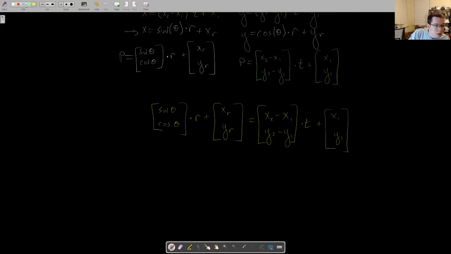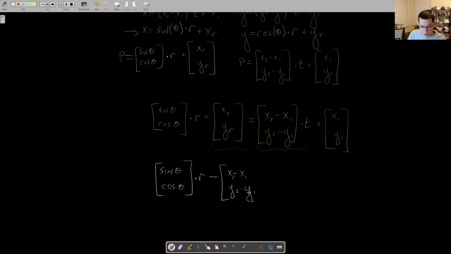We'll subtract this part from both sides, and we'll subtract this part from both sides, which will give us sine theta cosine theta times r minus x2 minus x1 over y2 minus y1 times t equal to x1 y1 minus xr yr.